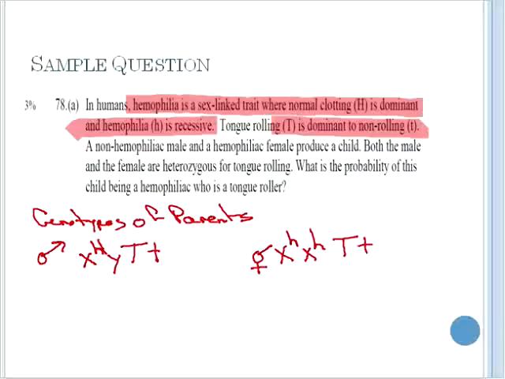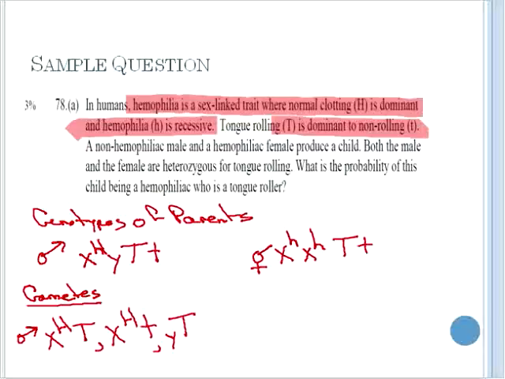Step 2. What are the possible gametes? For the male, he can produce X big H big T, X big H little t, Y big T, Y little t.